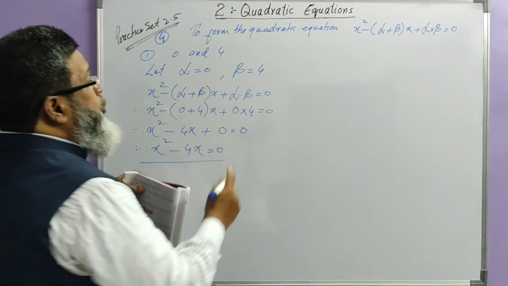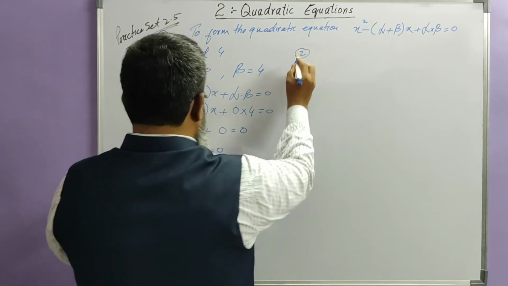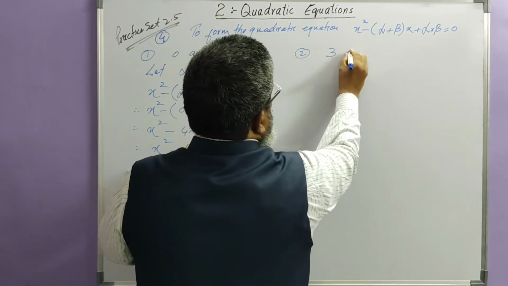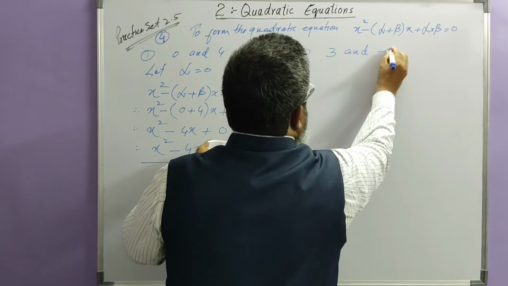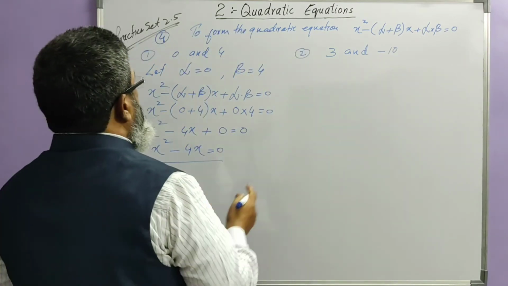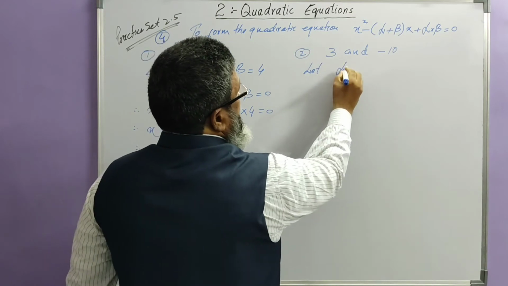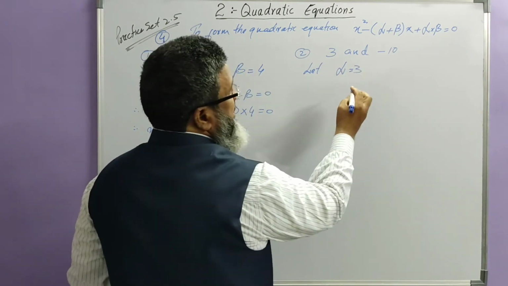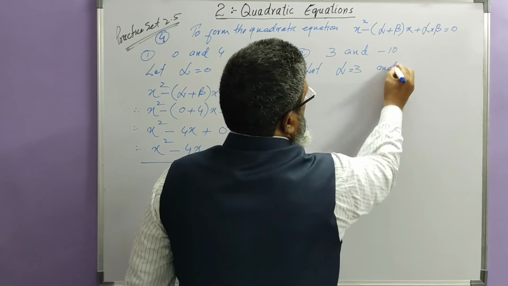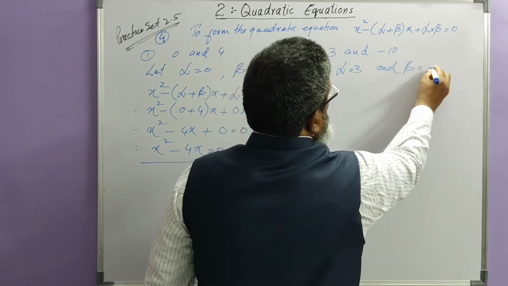See the question number 2. 3 and minus 10. So let alpha is equal to 3 and beta is equal to minus 10.